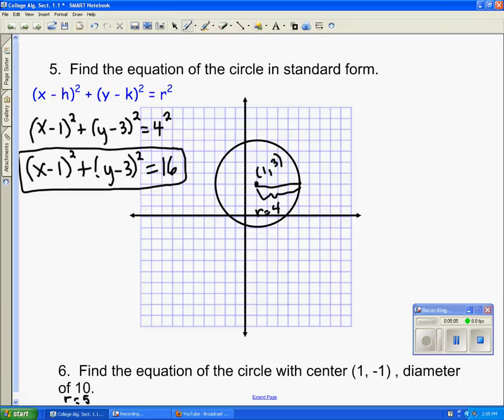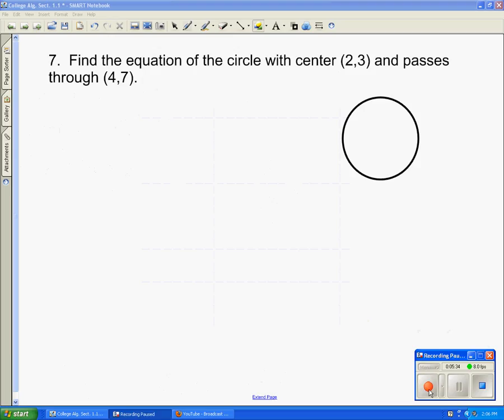Using this formula, I'm going to have (x - 1) squared plus y, and then minus a negative 1 is plus 1, squared, equals r squared. My r is 5, so 5 squared is 25. And that's going to be the equation of number 6.